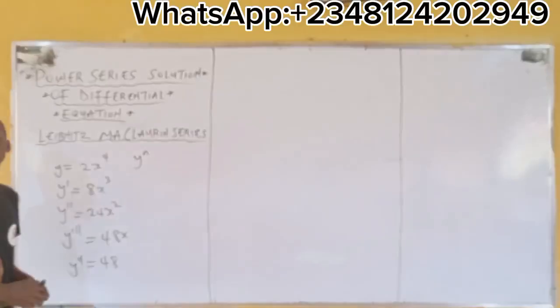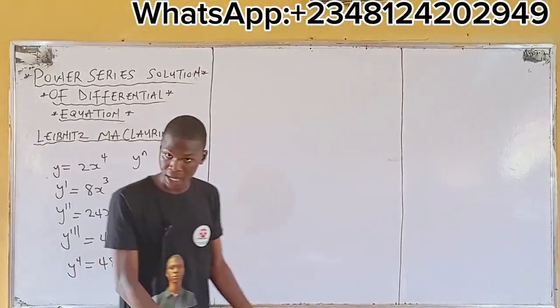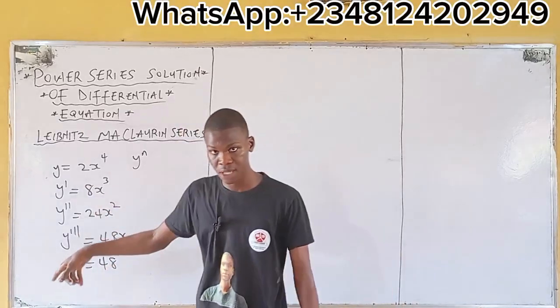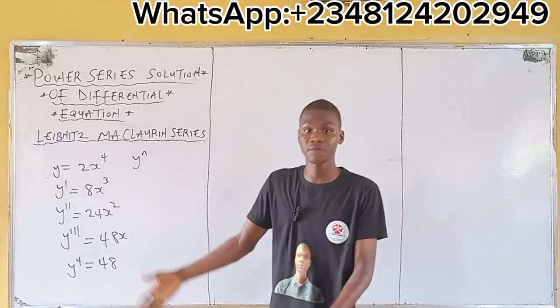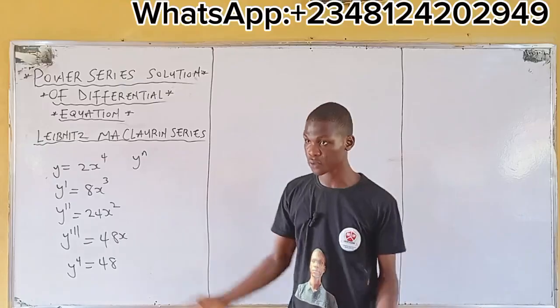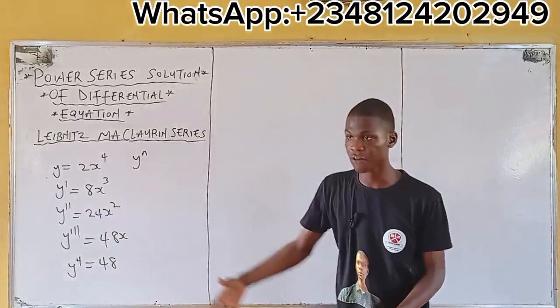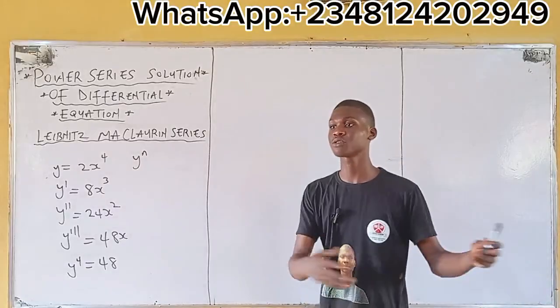I can find the derivative when n is equals to 1, meaning the first derivative, when n is equals to 2, the second derivative, when n is equals to 4, the fourth derivative, and so on and so forth. So we can find the nth derivative of a particular function.